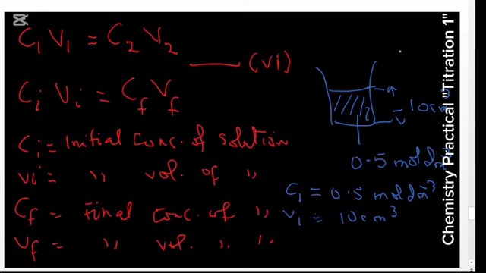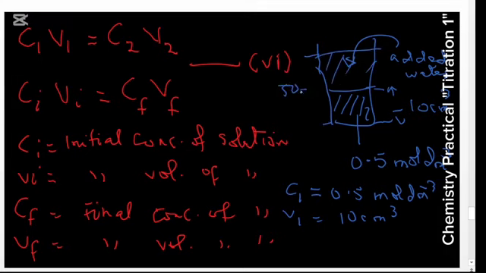Now if I added water and increased the volume, and the volume became 50 cm3, definitely the concentration will change. So let's assume that now the final volume Vf is 50 cm3. What is now going to be the final concentration, that's Cf?